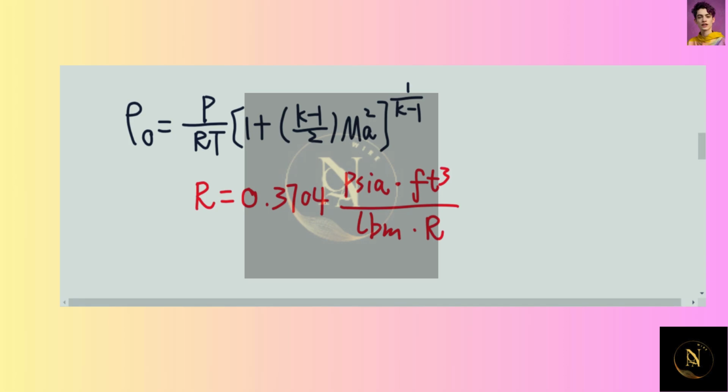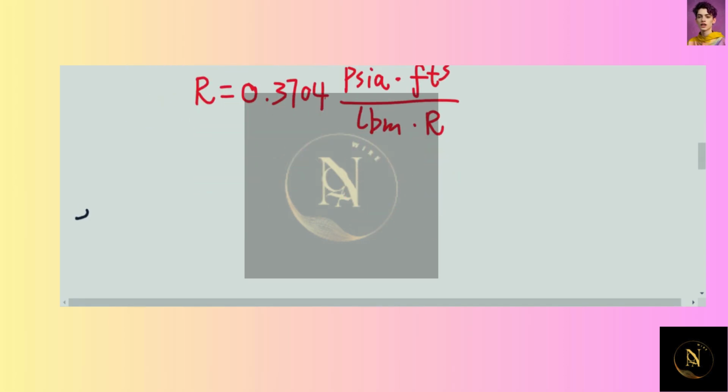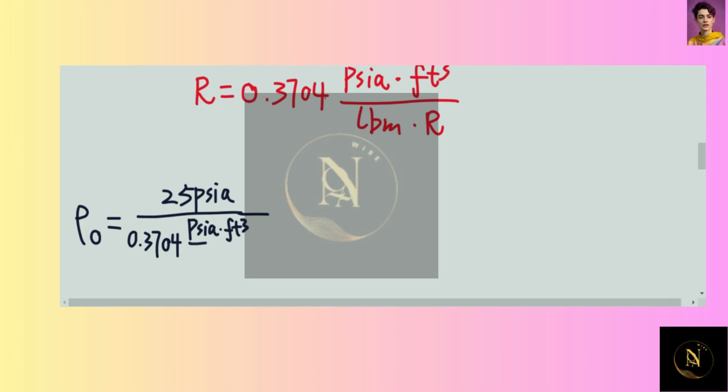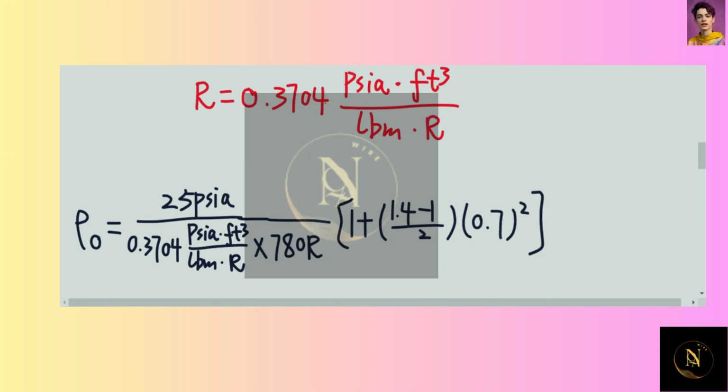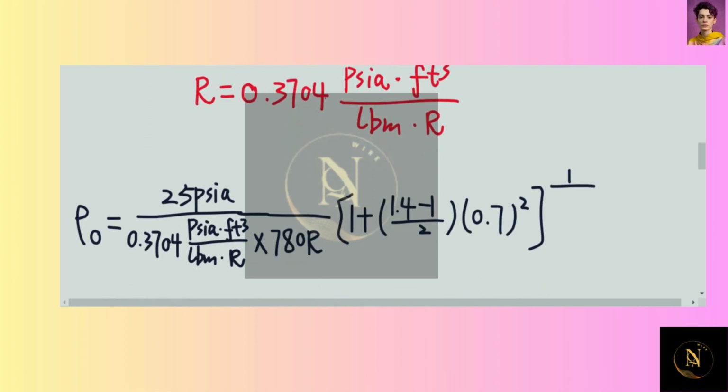So let's plug back into the equation to determine the stagnation density, which is equal to 25 psia over 0.3704 psia times feet to the power 3 over pound mass times Rankine, times the temperature, which is 780 Rankine, and then multiply by (1 plus (1.4 minus 1) divided by 2, times Ma squared, which is 0.7 to the power 2), to the power of 1 over K minus 1, which is 1 over 1.4 minus 1.